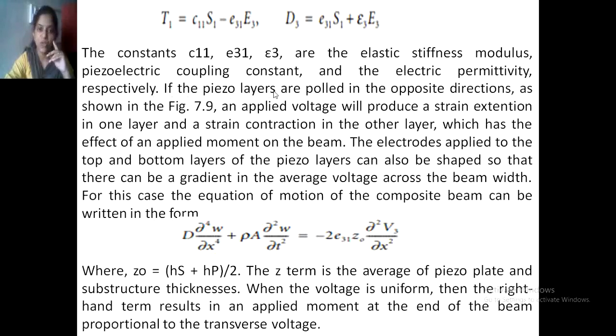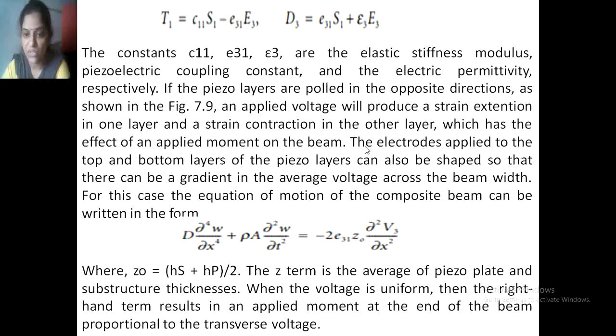If the piezo layers are poled in the opposite directions, as shown in the figure, an applied voltage will produce a strain extension in one layer and a strain contraction in the other layer, which has the effect of an applied moment on the beam.